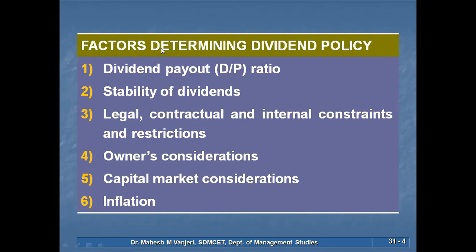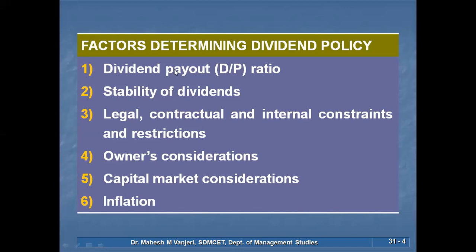The factors that determine the dividend policy are the dividend payout ratio, popularly known as the DP ratio, stability of dividends, legal, contractual, and internal constraints and restrictions, owners' considerations, capital market considerations, and inflation.